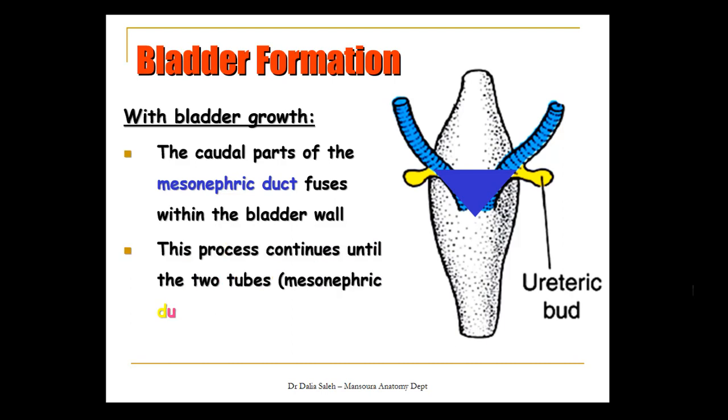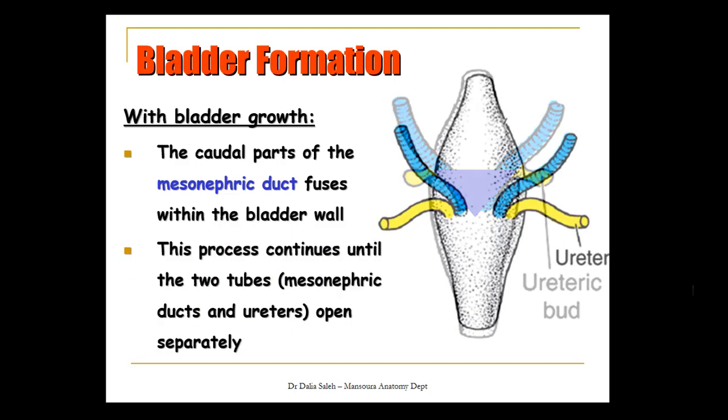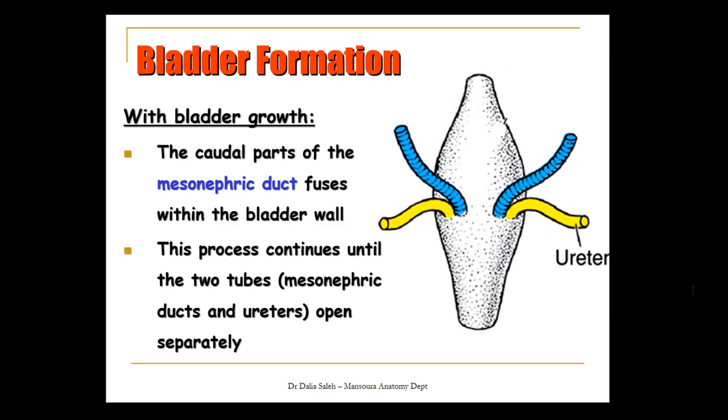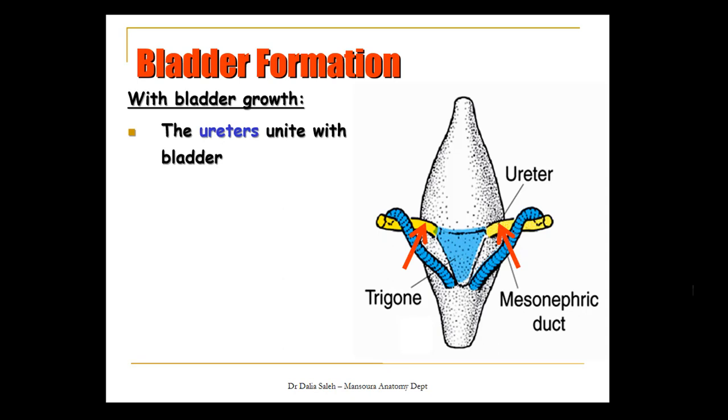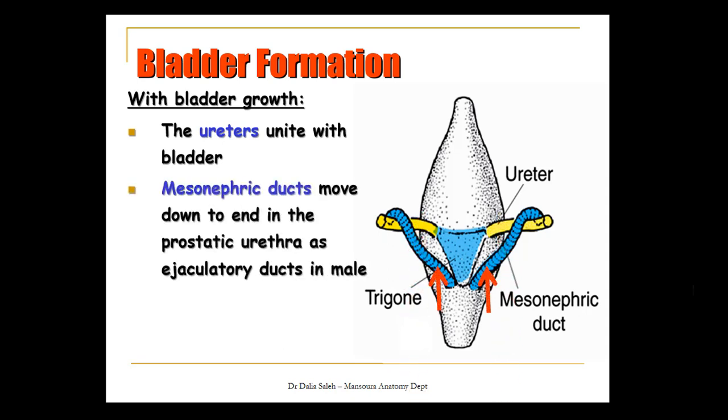This process continues until the mesonephric ducts and ureters open separately on the posterior surface of the urinary bladder. With further growth, the ureters open separately on the posterior wall of the bladder, and the mesonephric ducts move down to end at the prostatic part of the urethra as the ejaculatory ducts in male.